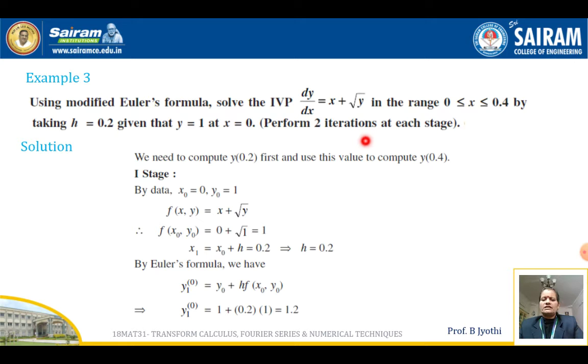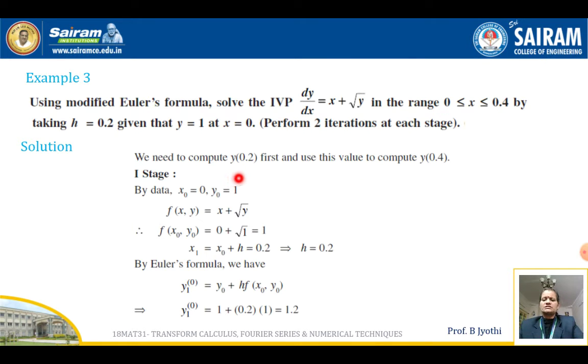So it is very clearly mentioned that we have to perform it in 2 stages because the h value is 0.2 and we need to reach 0.4. Therefore, we have to do it for 2 stages.